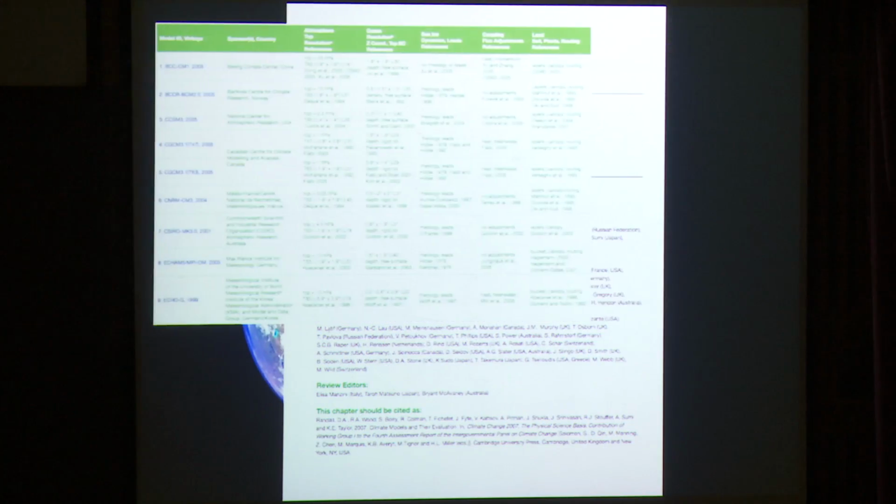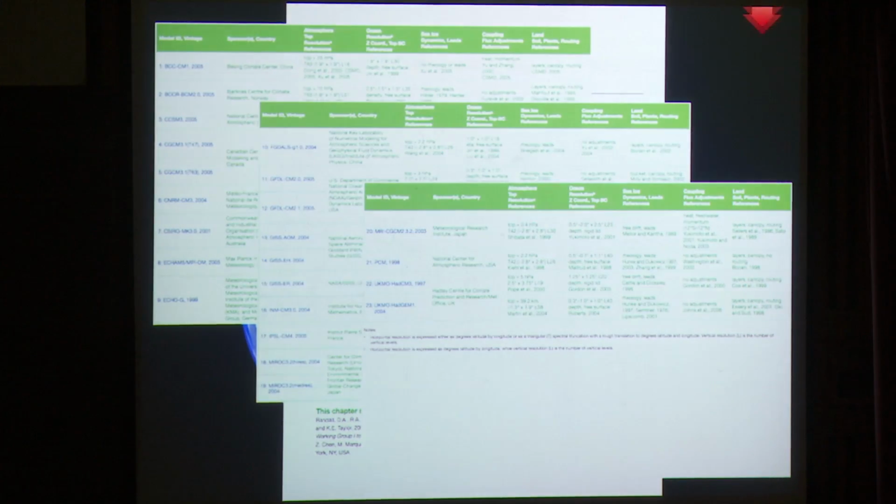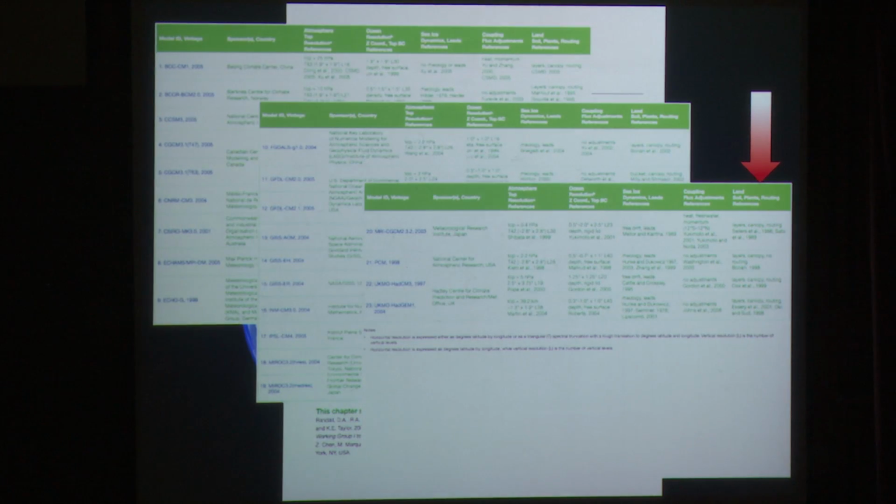If we think about where these uncertainties come from, these are all the different climate models that we tend to see in IPCC type assessments. They're made up of land and atmosphere and ocean and other components, and the land represents one component, contributing uncertainty or certainty.